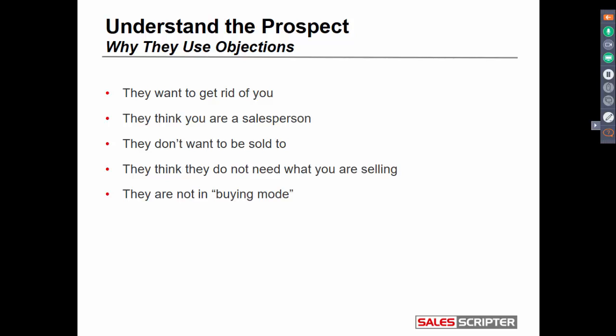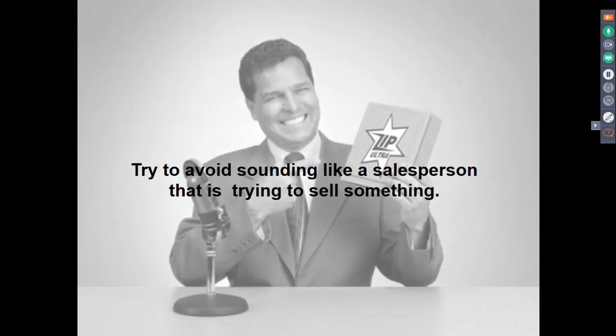So those are some of the reasons why they throw up their guard when you talk to them, and they start to give you objections. If you agree with that understanding of the prospect, and I don't think too much of that is a stretch, you could say that some of it isn't always the case with everybody you talk to, but I think we could probably agree that most of those are pretty safe assumptions.